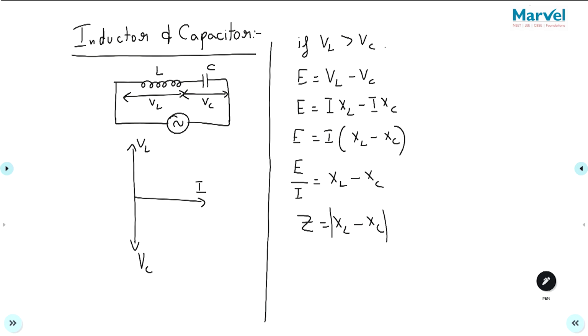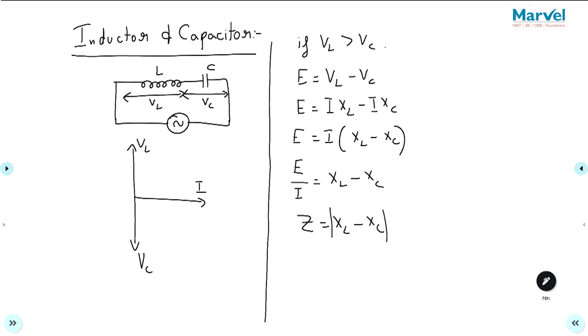This is the resistance offered by this particular combination of the circuit, where the resistance is going to get subtracted. So, this is how the things are going to really work in here. There is no phase angle for this particular combination.